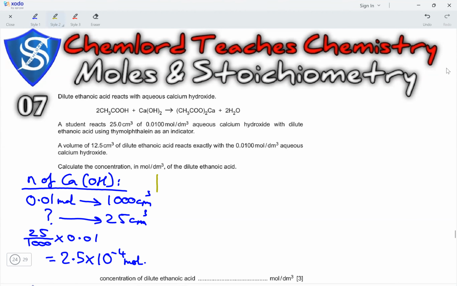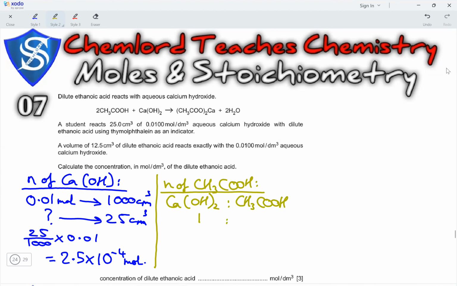Then we use the equation and the molar ratio to find out the number of moles of the other solution, which is in this case CH3COOH. So in order to calculate the number of moles of CH3COOH, we use the molar ratio. Calcium hydroxide is to CH3COOH. So 1 mole of calcium hydroxide reacts with 2 moles of ethanoic acid.